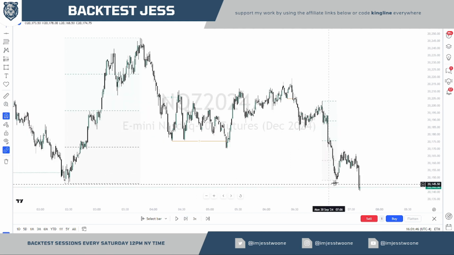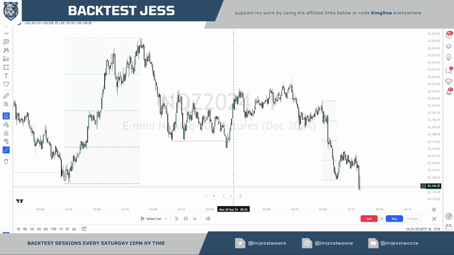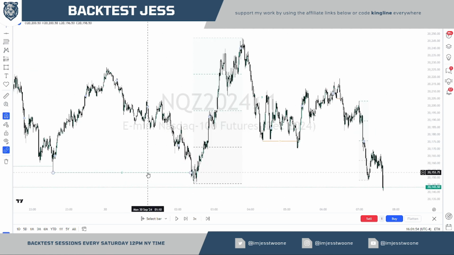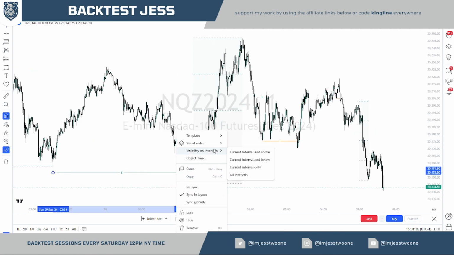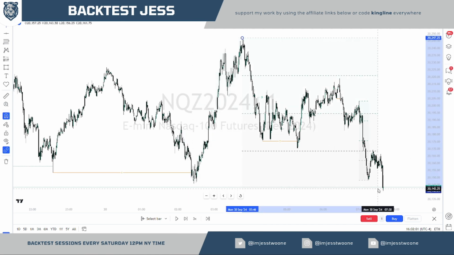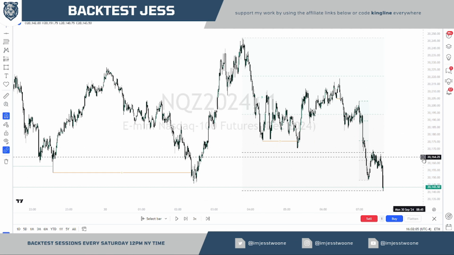All right, and then we do see that continuation down past these lows, right? So now we're within that new dealing range. We've once again closed below a low. So on a higher time frame, we're breaking lows. So we have this range here that we're now within.